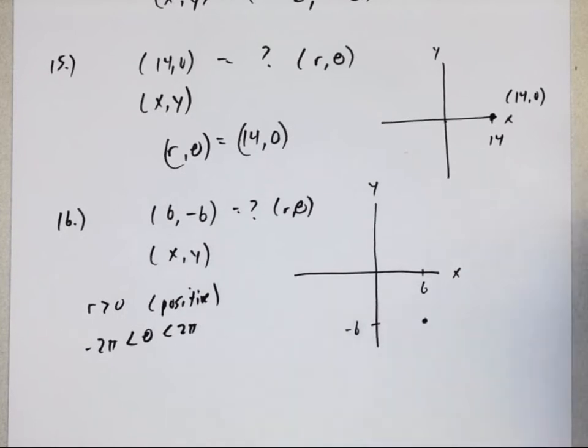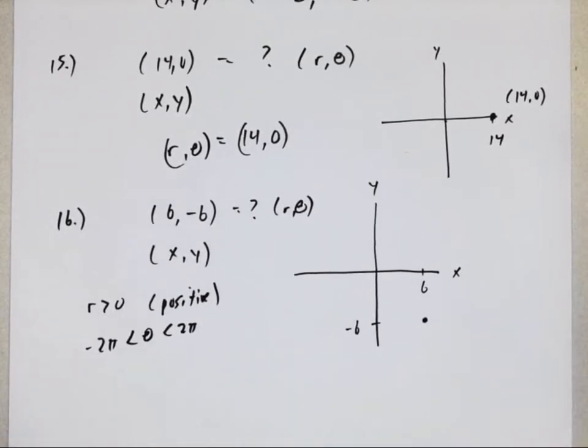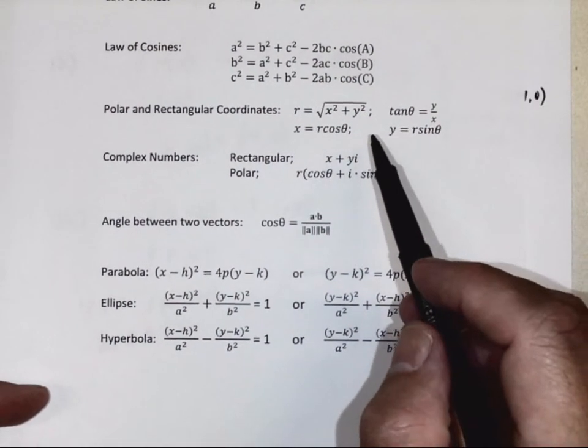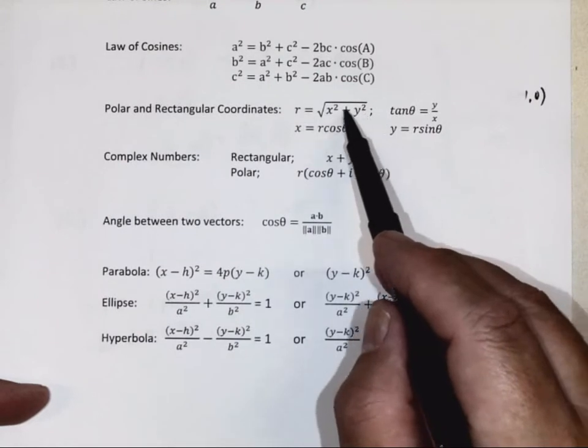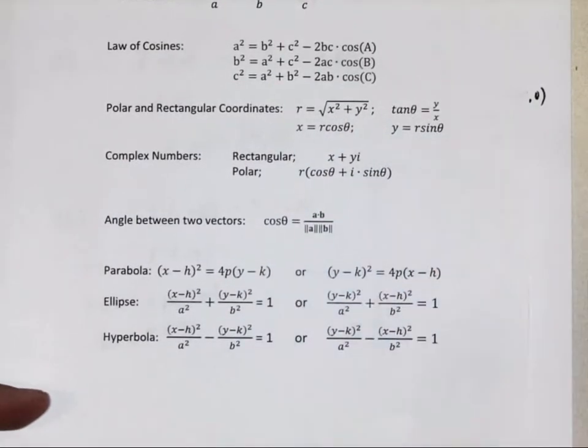So all we need to do is use the other formulas from my formula sheet. If I know x and y, here's a formula to find r and to find theta.